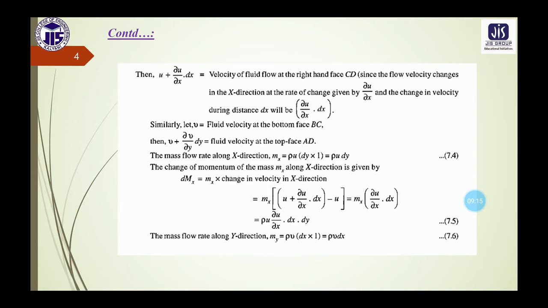Now the mass flow rate along the x direction, mx equals rho u into dy multiplied by 1, so it equals rho u dy. This is the formula of the mass flow rate, it is known to us. Now the change of momentum of the mass mx along x direction is given by dMx, capital M, equal to small mx multiplied by change in velocity in x direction.